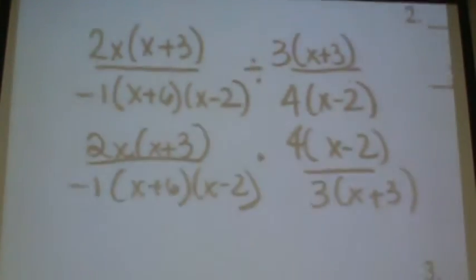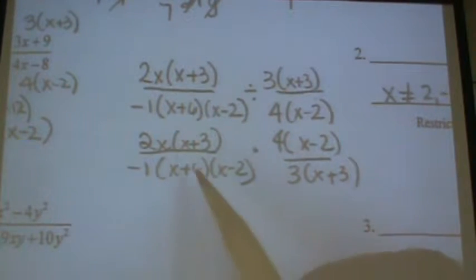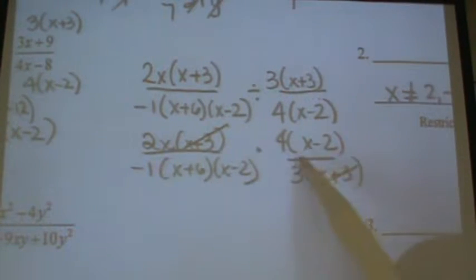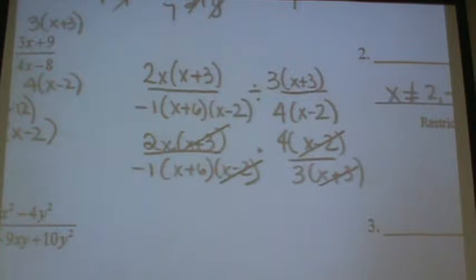Okay, so what cancels? X plus 3 and x minus 2. Anything else? You can take out a negative 1 out of 4. What do you mean by take a negative 1 out?